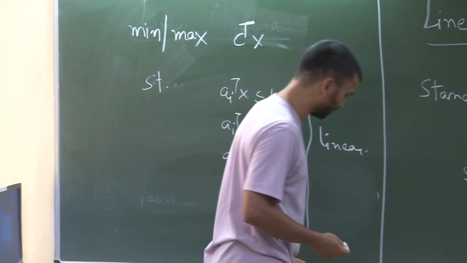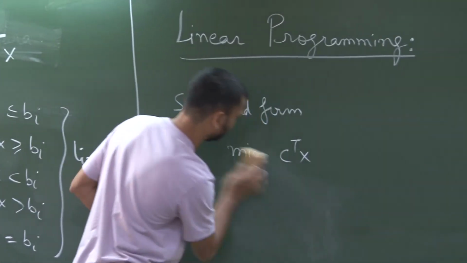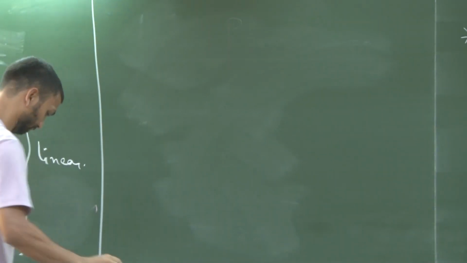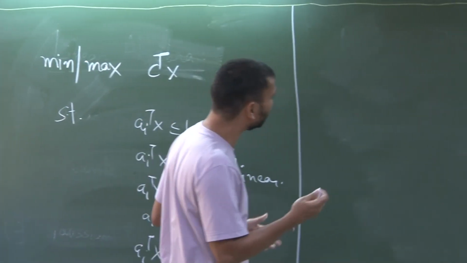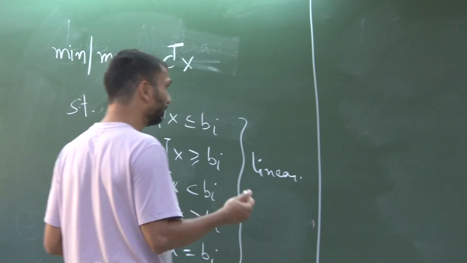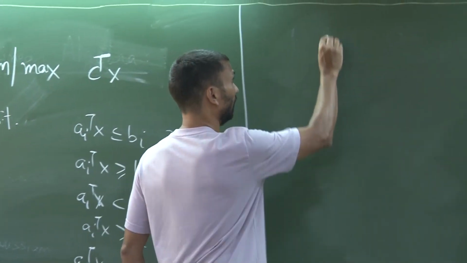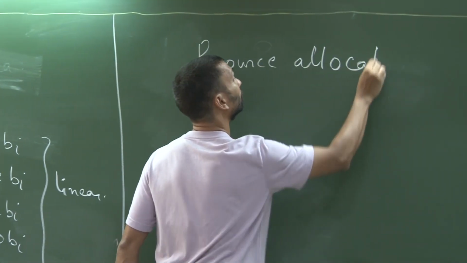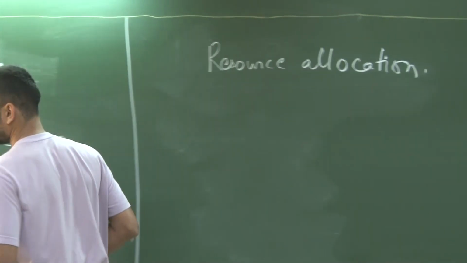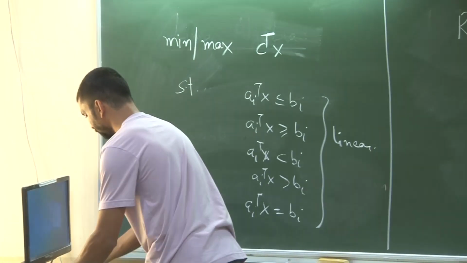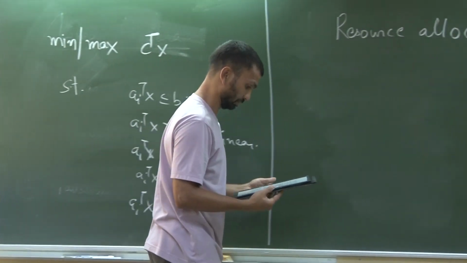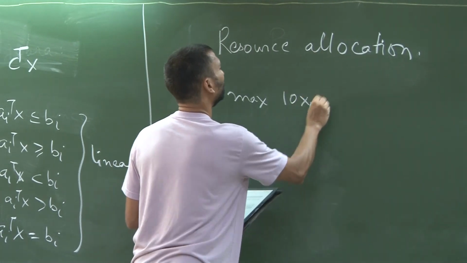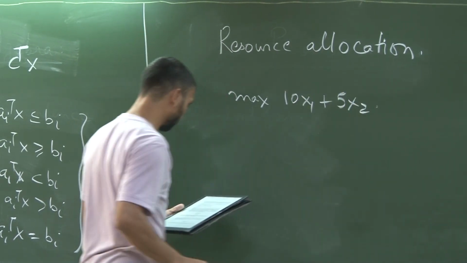Okay, and let's take some examples. Okay, so yes, the first example, once again, would be resource allocation, and now I write the linear program and you interpret it for me, okay?